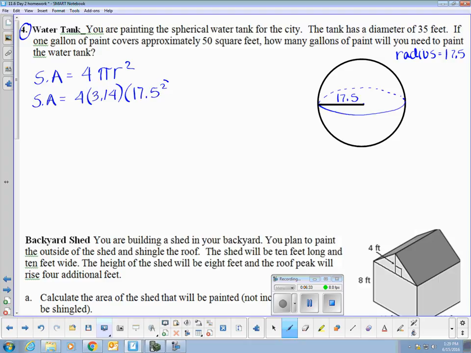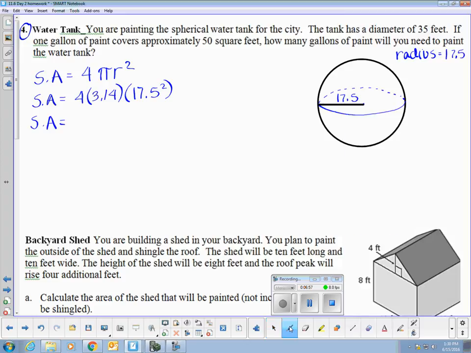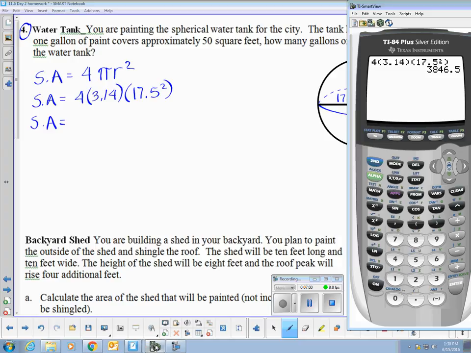We're going to square that and get our total surface area. And this is in square feet.